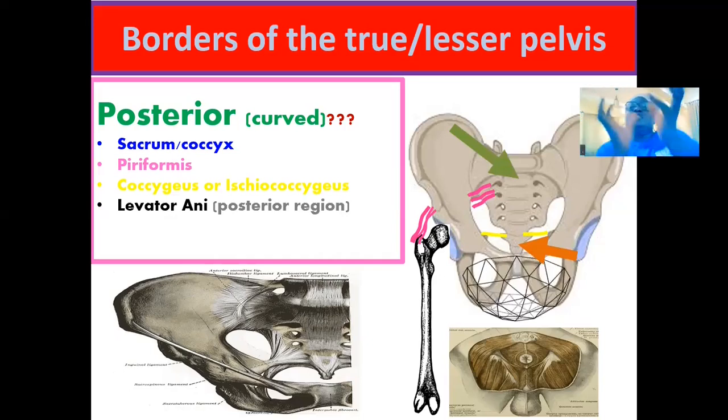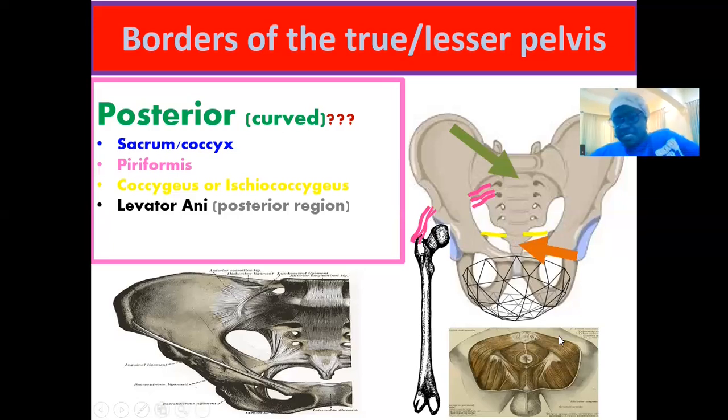Because of this dome-shaped pattern that the fibers run, it seems to also align with the posterior part of the true pelvis. So you have specifically the posterior region of the levator ani muscle that is seen around this space.